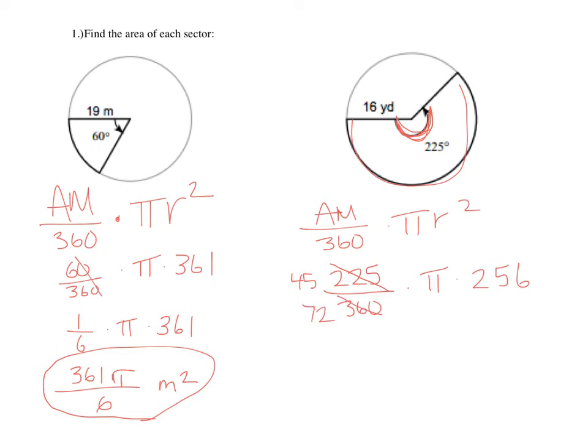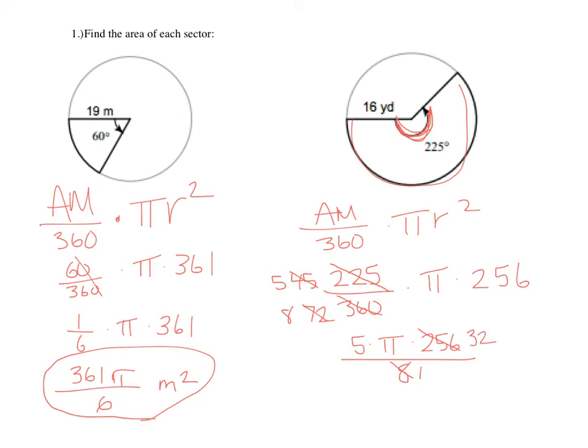Now I can divide by 9. 9 goes into here 5 times, and 9 goes into there 8 times. So my fraction is 5/8. So now I've got 5 times pi times 256 over 8. And I could multiply the 5 and the 256 together, but I think it's going to be easier to divide 256 by 8. 8 goes into 256 32 times.